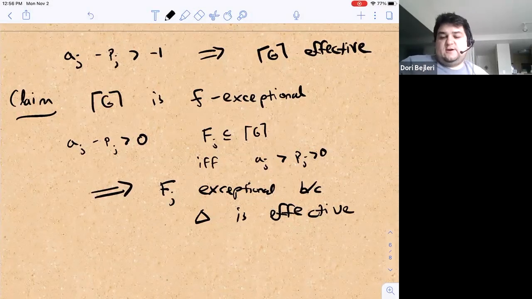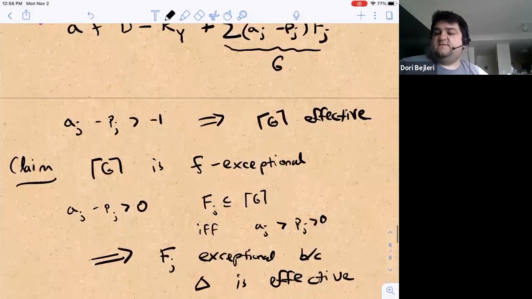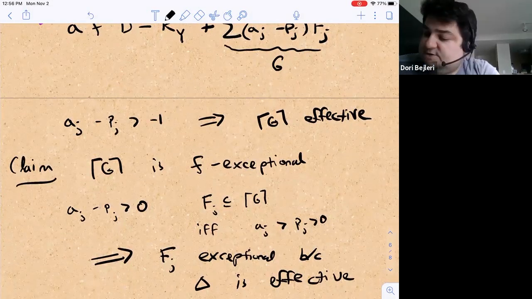Okay, so we have this roundup of G that's effective and exceptional, and now that's what we're going to use as the G in our non-vanishing theorem.